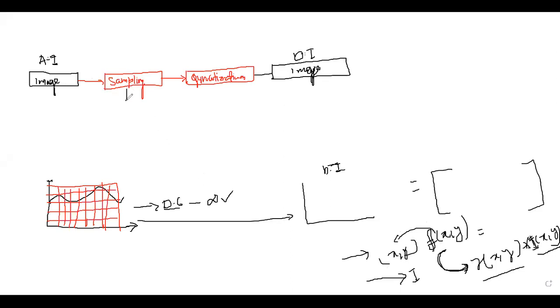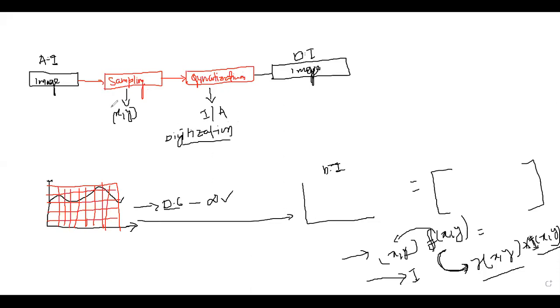Sampling is nothing but digitization of the analog signal with respect to the coordinates x and y, and quantization is nothing but digitization of the image or signal with respect to the intensity or the amplitude. Is it clear to all of you how we are performing this? So the entire process is called digitization. Digitization. क्या बोलते हैं? Digitization.